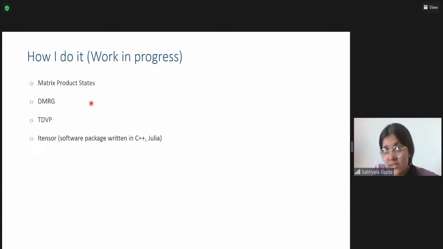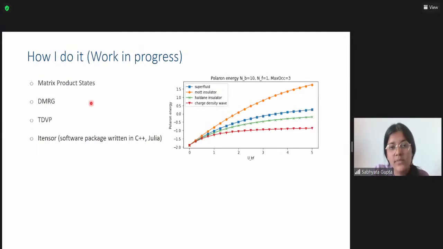This is a work in progress and I'm still in the process of writing it up, but this is a very preliminary result. We have identified a parameter regime of contact interactions between bosons and fermions for which the bound states of polaron form for different phases.